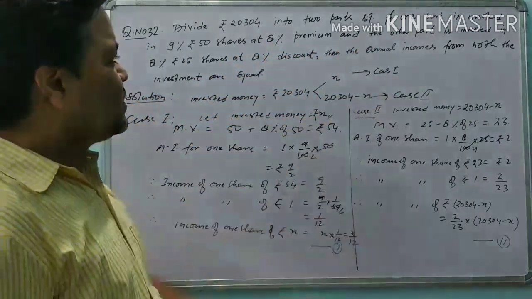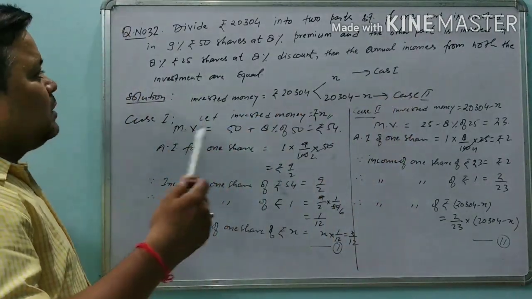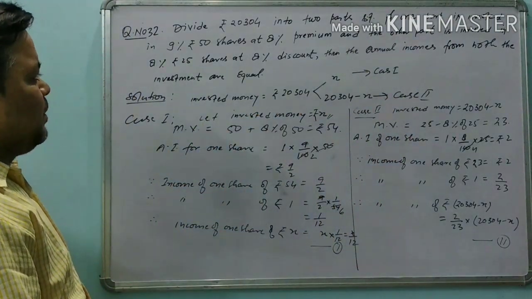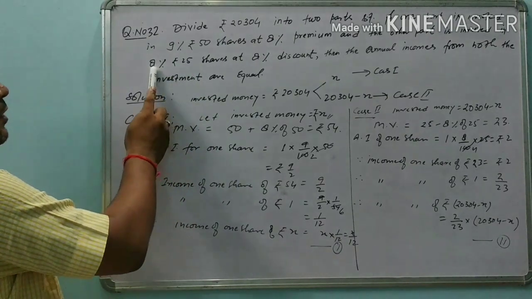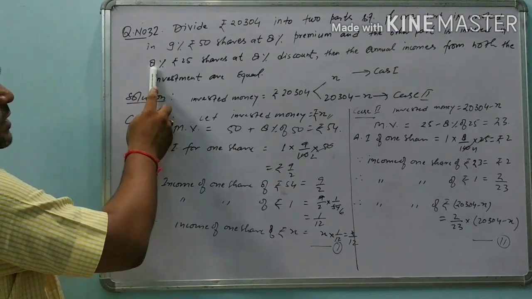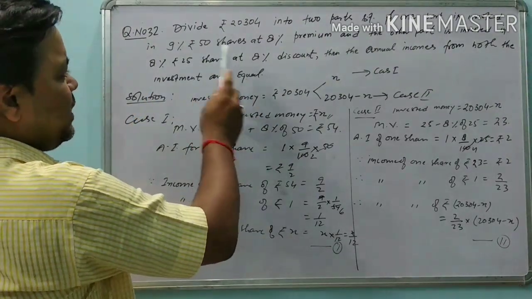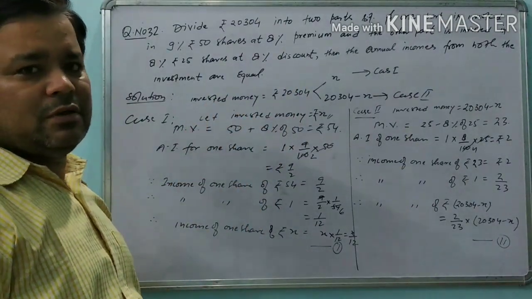And the second part is invested in the other company whose face value is 25 rupees, rate of dividend is 8% and the share is at 8% discount. Means there are these two types of company.